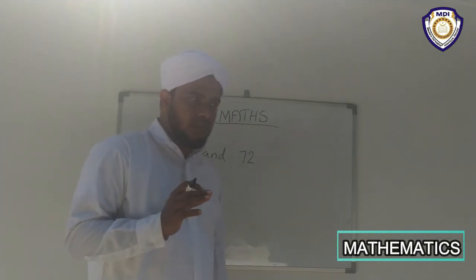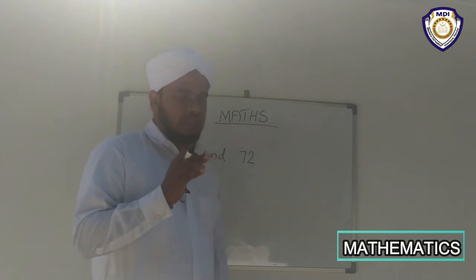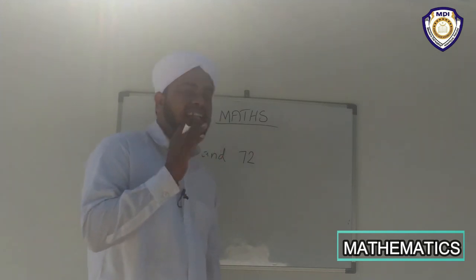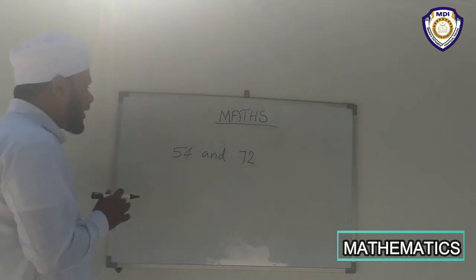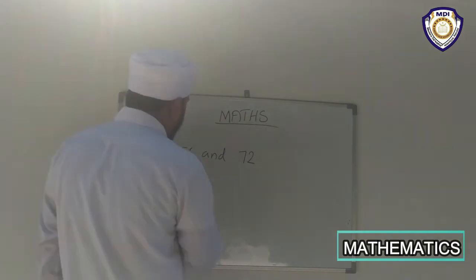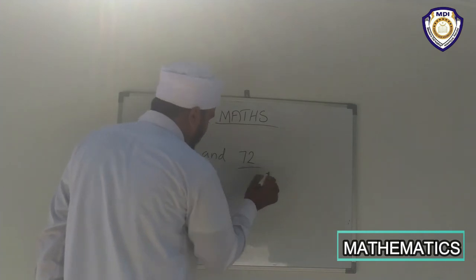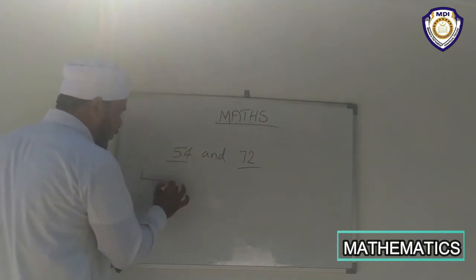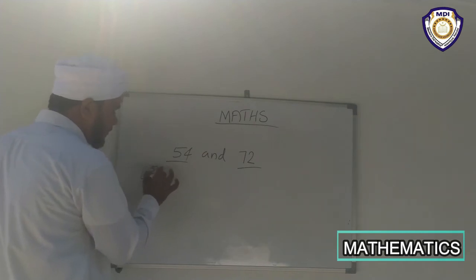We are going to find the HCF by using which method? Factorization method. Then the first step is to factorize each number.